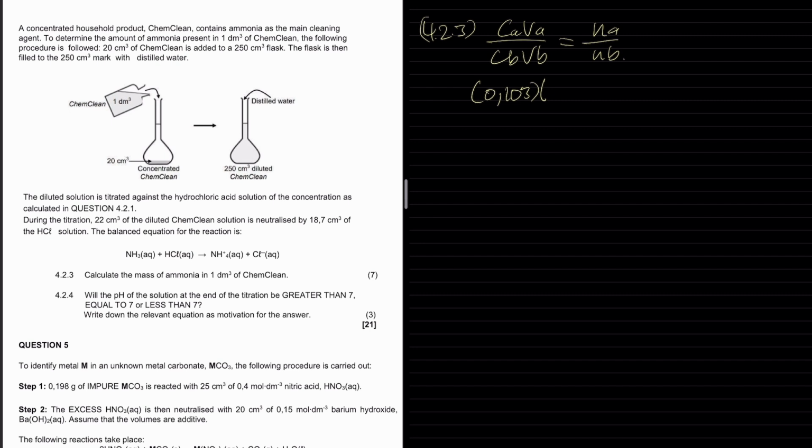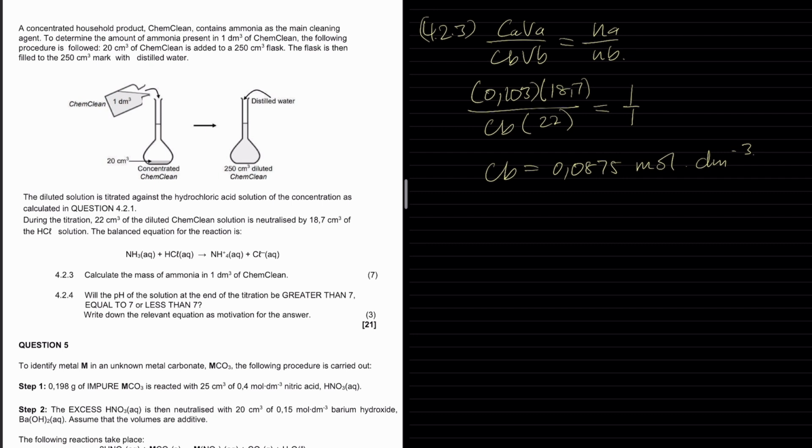How much acid did they use? 18.7, divided by CB. The volume of the acid was 20, the volume of the base was 22, and the ratio here is 1 to 1. Therefore, the concentration of the base is going to be 0.0875 moles per dm cubed.